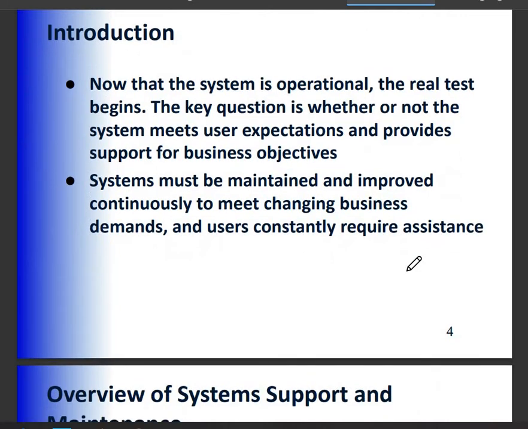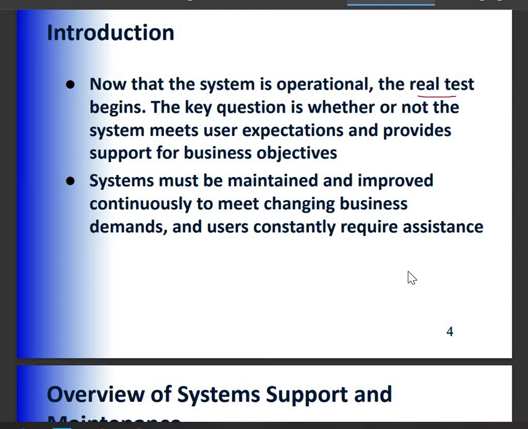Alright. So as an introduction, now the system is operational. Okay, so macam mak bagi tahu tadilah, sistem awak tu awak dah develop dan awak dah install pada server klien awak ataupun server customer awak. Okay, so the real test begins.